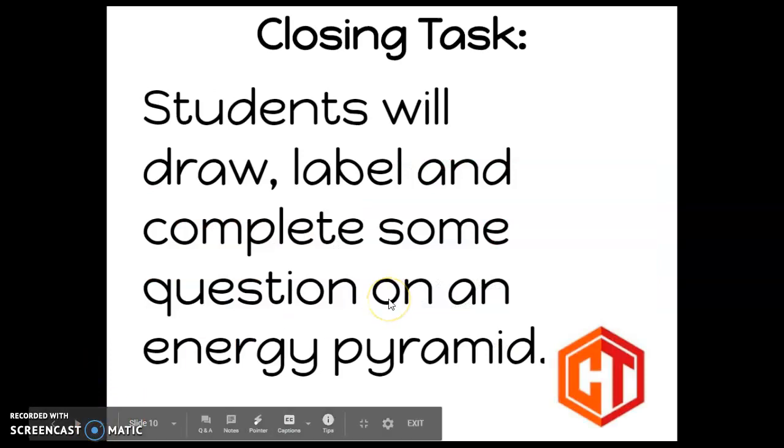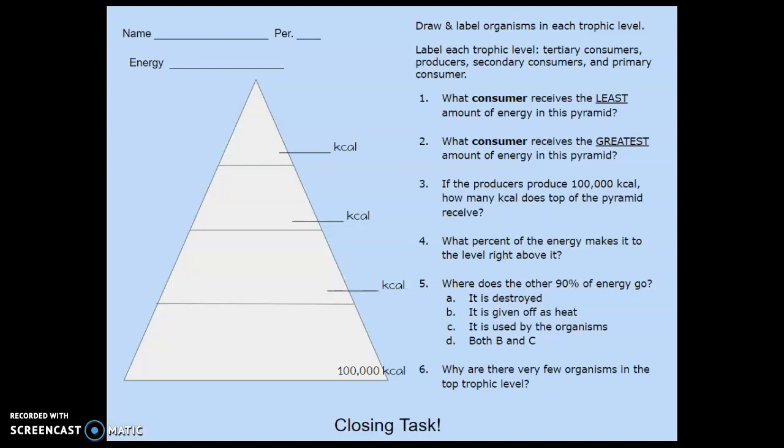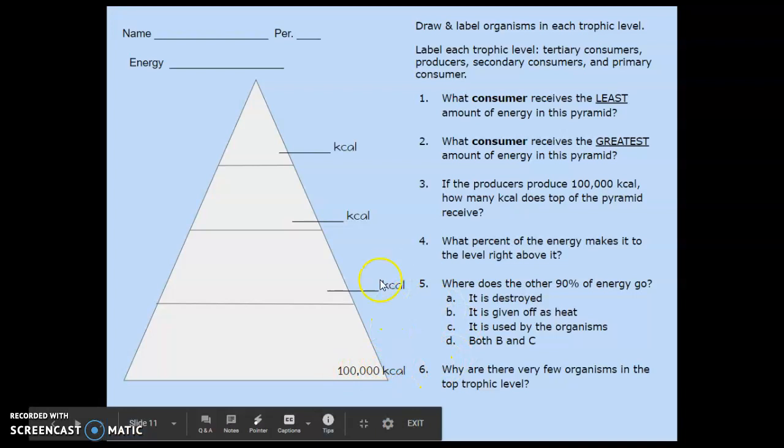Closing task. Students will draw, label, and complete some questions on an energy pyramid. Here is your closing task. You're just going to answer these questions and fill this all in. Notice that there are 100,000 kilocalories here, and at each level there's a lot less.